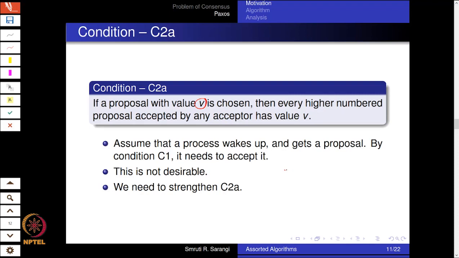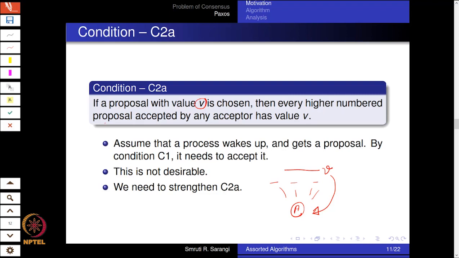So what this essentially says is that if a proposal with value v is chosen, after that, of course, nodes can keep proposing, nodes can keep accepting, but the acceptors are now bound by value v, so they are not going to, for any higher numbered proposal, accept any value that does not have value v.